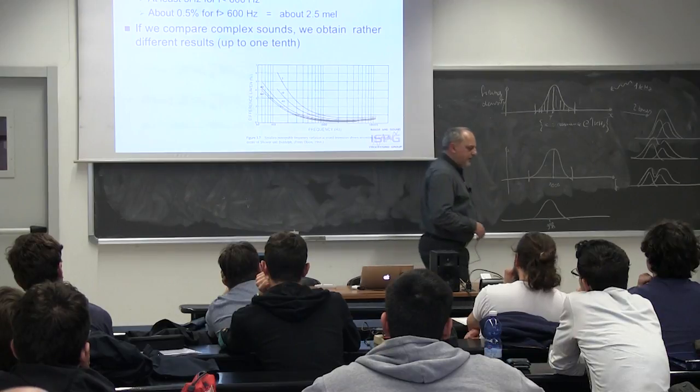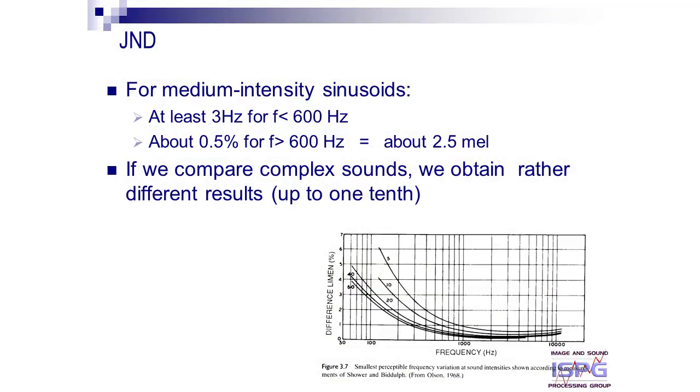I said before that despite the complexity of the notion of pitch, we can still say something about our sensitivity in a very rough and cursory sort of way. I mentioned before the term JND, which stands for just noticeable difference, and I also told you how to measure it.